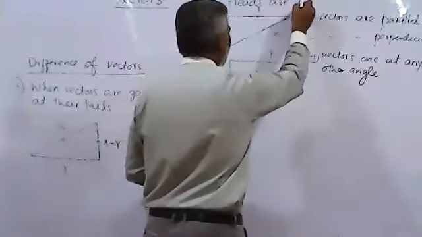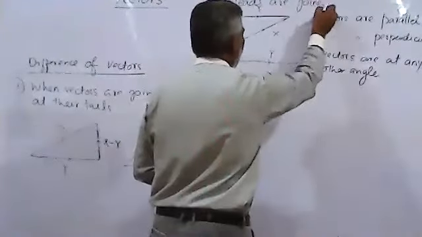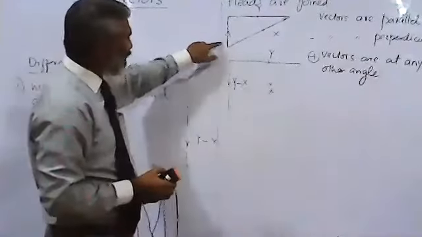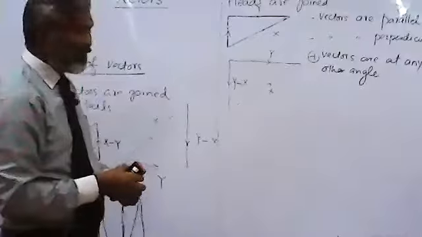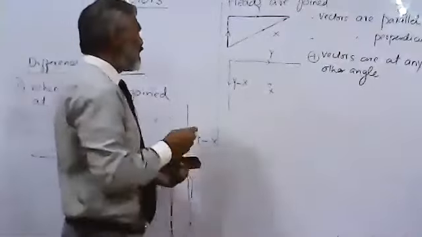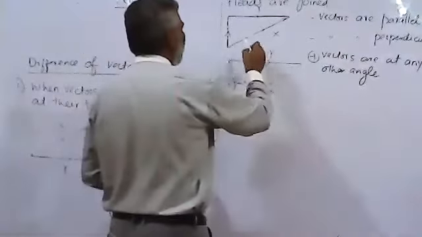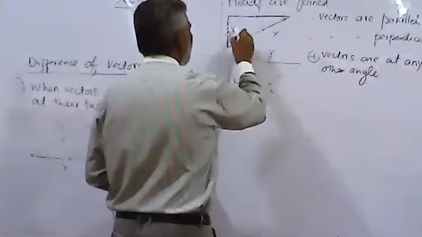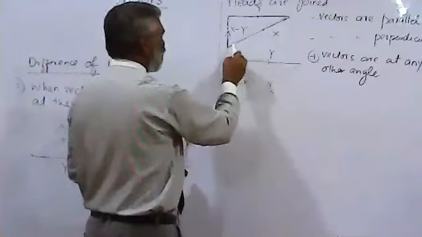So when heads are joined, again, the line joining the tails of the two vectors represents the difference of two vectors. But this time it is easier if this is vector x and this is y, this is x minus y. So it starts from the tail of the very first vector and moves to the second vector.